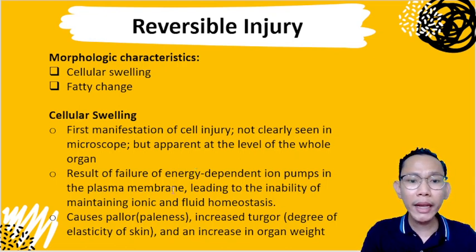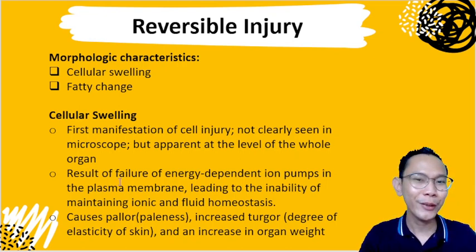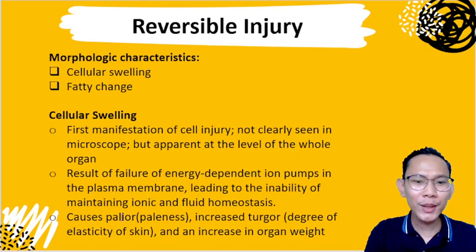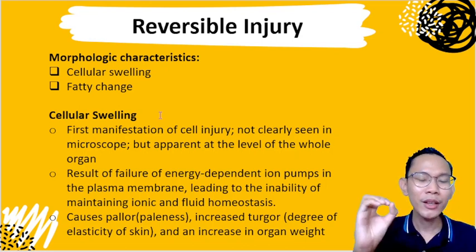That is why they cannot maintain the integrity of your plasma membrane. That's why there will be increase of your sodium. Kung ano sabi natin, where sodium goes, water follows. That's why there will be cellular swelling. So it causes pallor, increased turgor, and increase in your organ weight. So that's your cellular swelling. Very basic. Reversible swell.